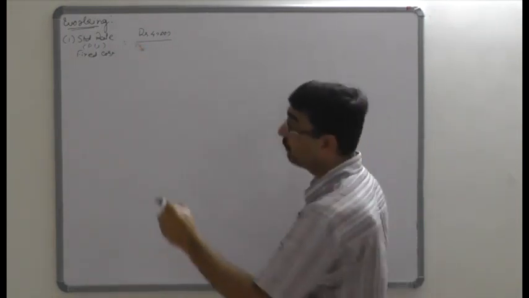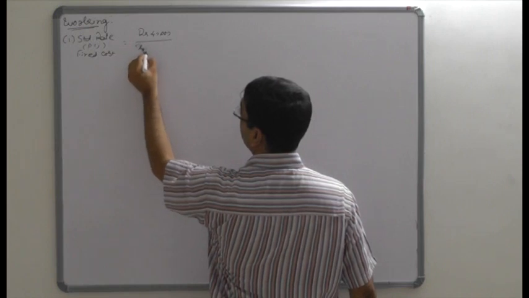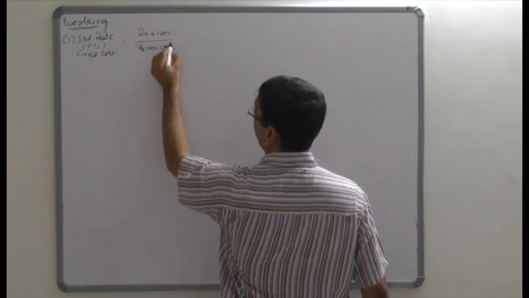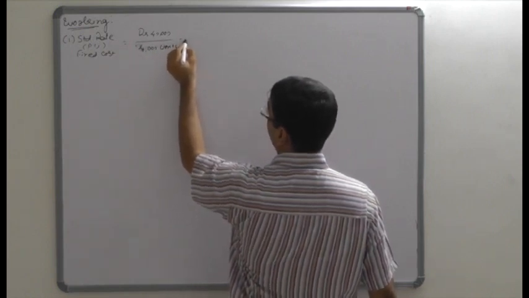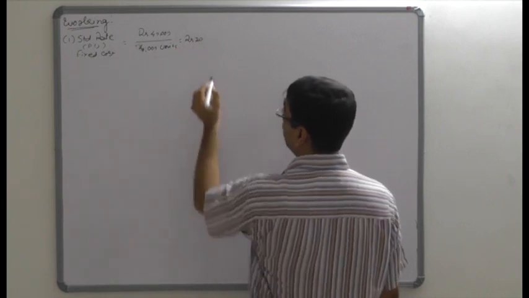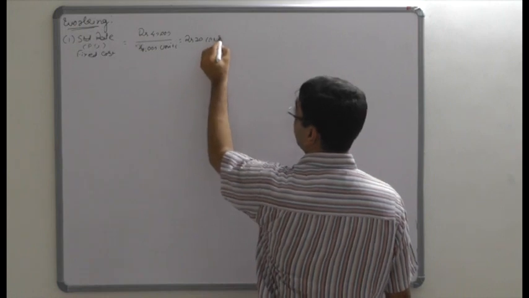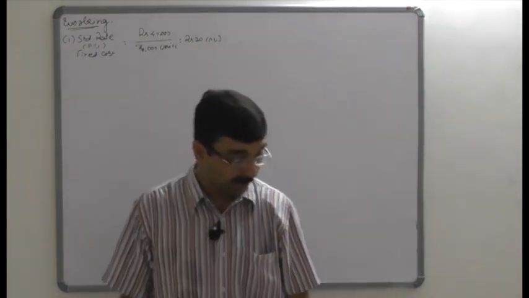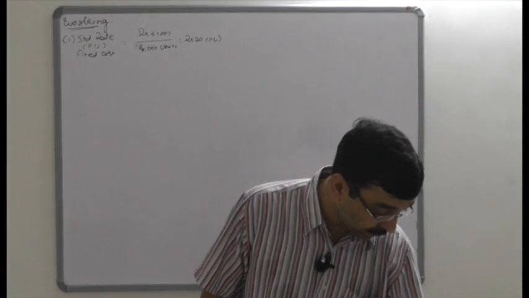Standard units, the number of units, is 4,000 units. So in this way, your standard fixed cost rate per unit comes to 10 rupees per unit. That's your first item which you identified.